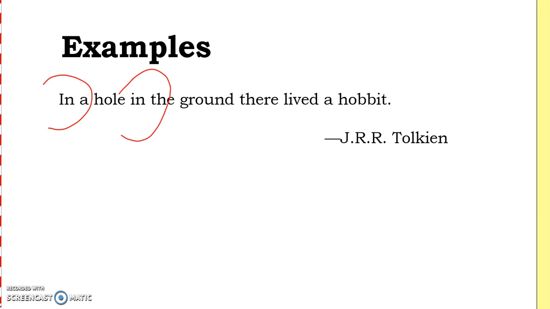Notice that these prepositions are linked to groups of words that form chains, in a hole, in the ground. Both of these clusters of words tell us something about another word in the sentence, namely lived. They tell us where a hobbit lived, in a hole, in the ground.